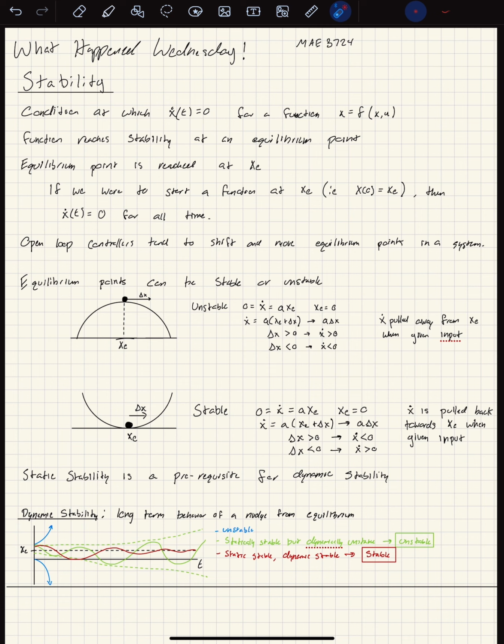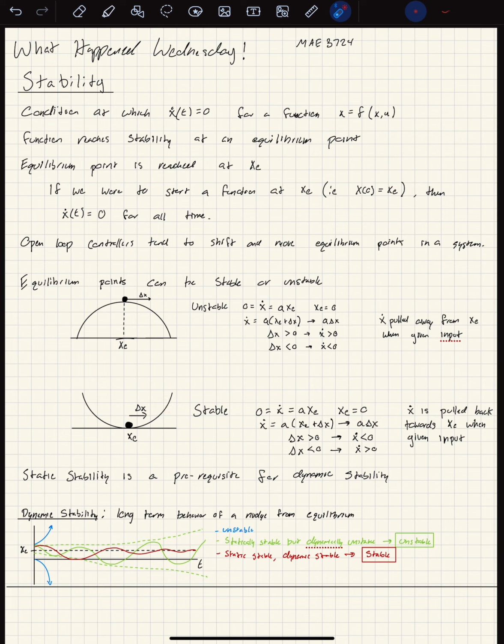Now looking at the stable equilibrium points, they can be modeled by a right side up bowl with a ball sitting in the middle at the equilibrium point. Looking at the functions, x dot is equal to a x like we had before, where a is a value actually less than 0. So when given a delta x that is greater than 0, our x dot is going to be less than 0, meaning as we increase this delta x in the positive x direction, our reaction, or derivative, x dot, is going to be pulling it back towards this equilibrium point in the center of the bowl.